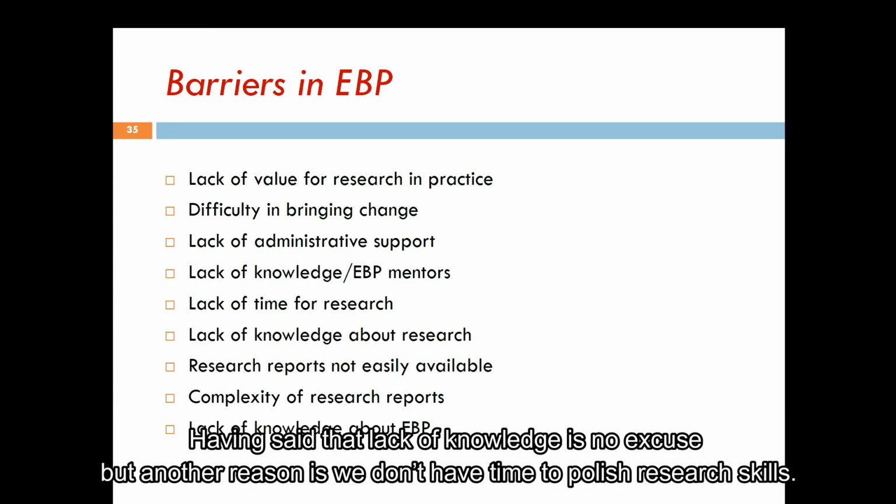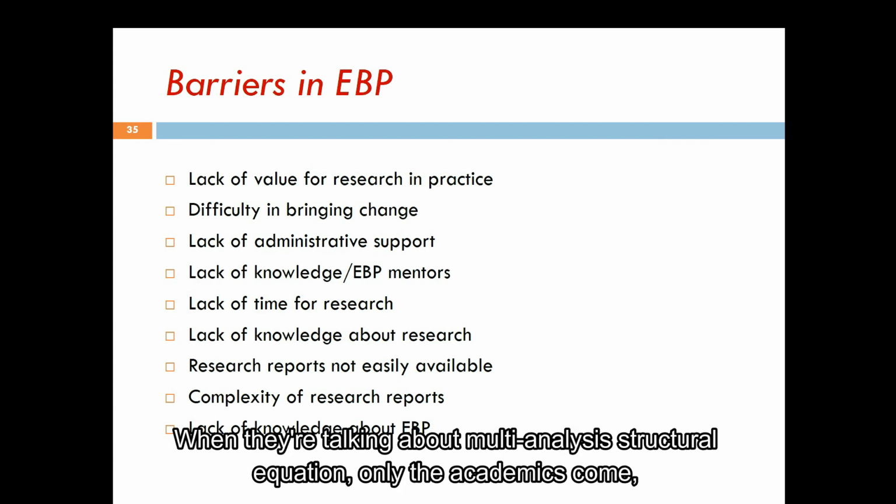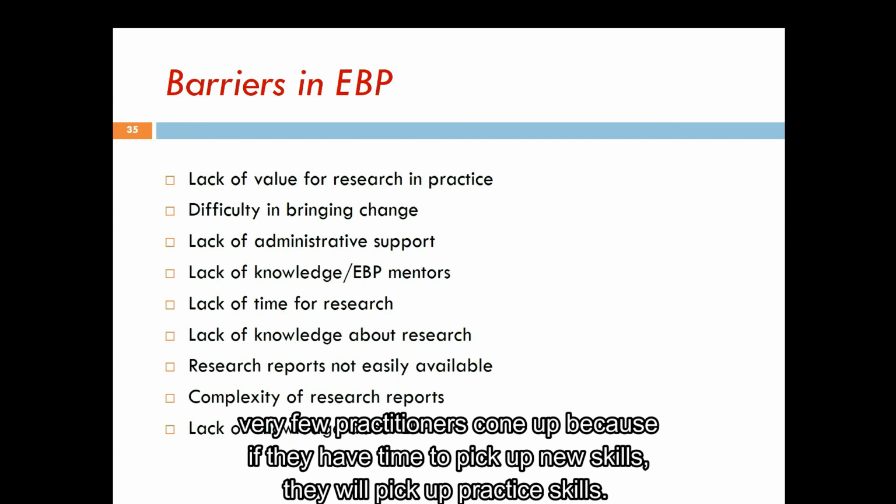Having said that, lack of knowledge is no excuse, but another reason is we don't have time to polish research skills, okay? So when there is a workshop on professional skills, people jump to sign up. When they talk about multivariate analysis, structural equation, only the academics come. Very few practitioners come, because if they have time to pick up new skills, they will pick up practice skills.